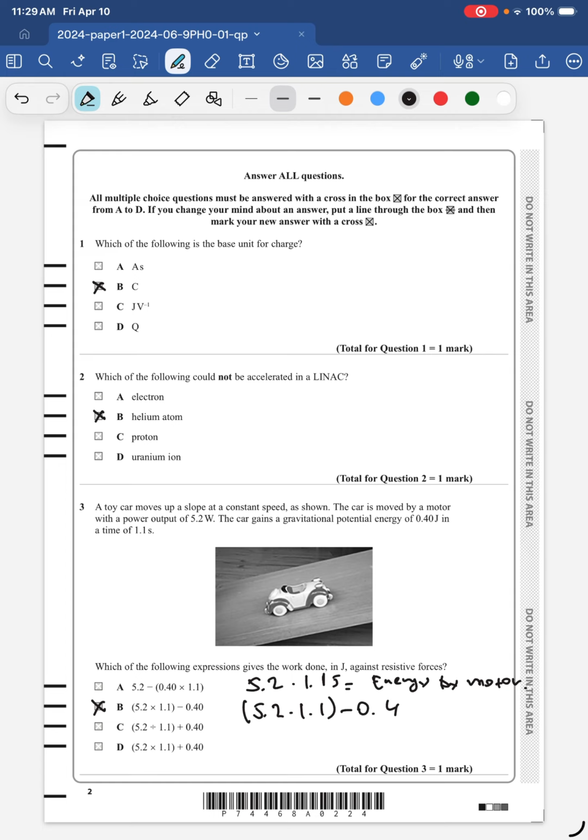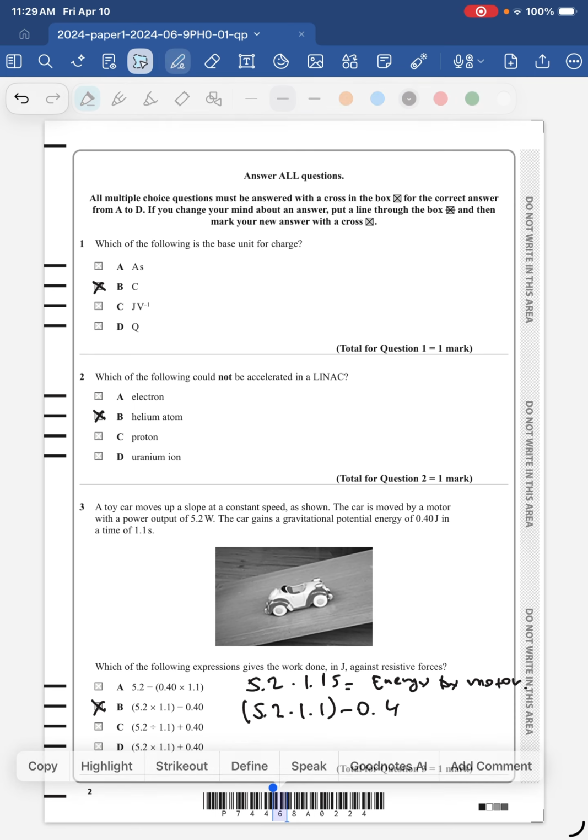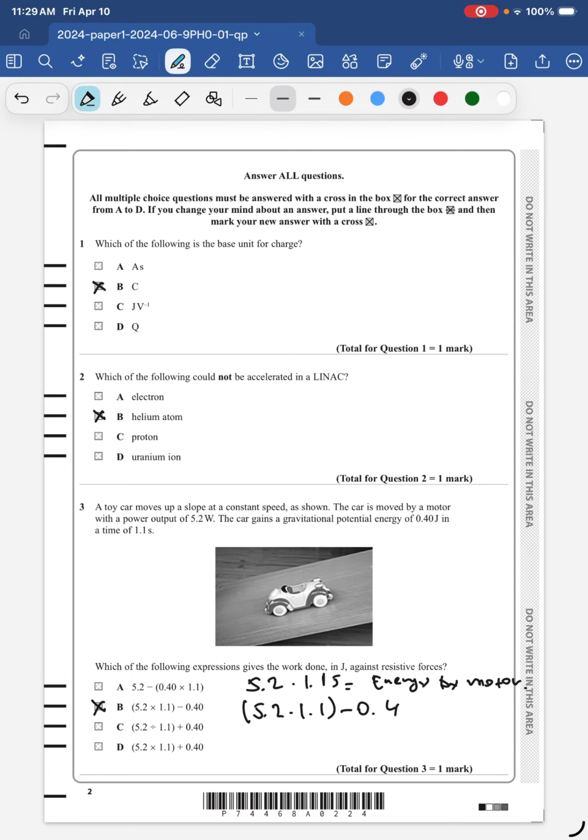So the only thing that might confuse you here is option A, but in option A you're multiplying. Again, you have a problem with units, okay, because 5.2 has units of watts, and then if you multiply 0.4 by 1.1, you get units of joules times seconds.